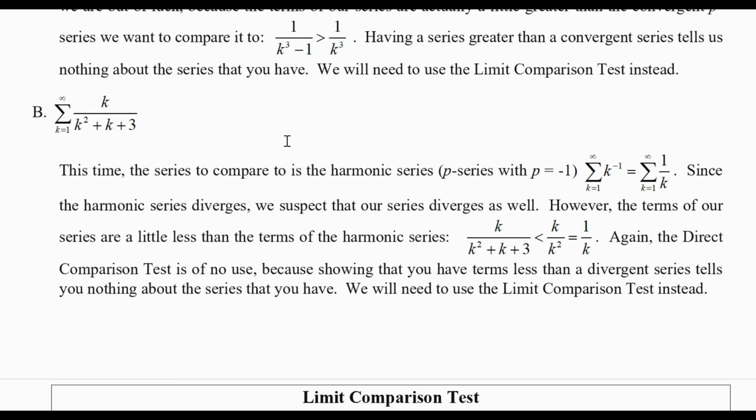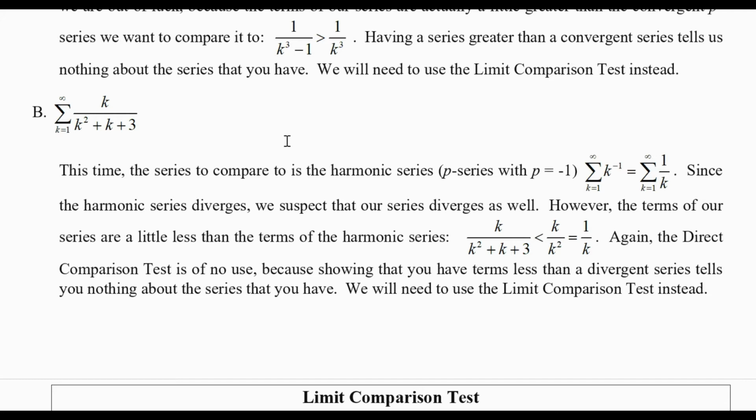But once again, we run into problems with the directions of our inequalities. When we add k as a positive number, remember, k plus 3 added to k squared is going to make the denominator even bigger, which makes the fraction smaller.